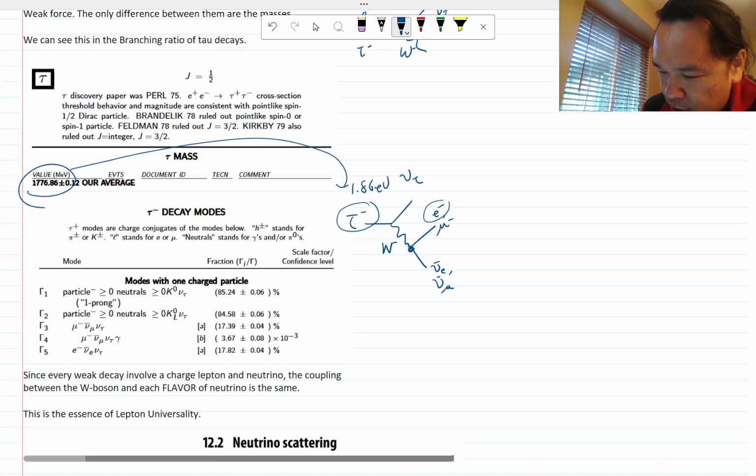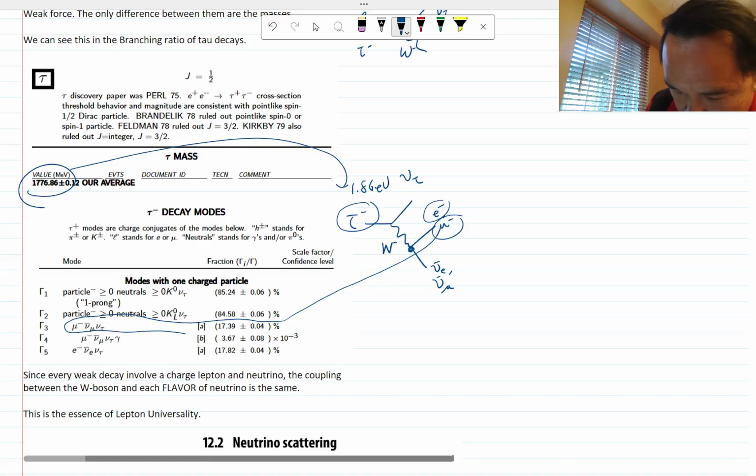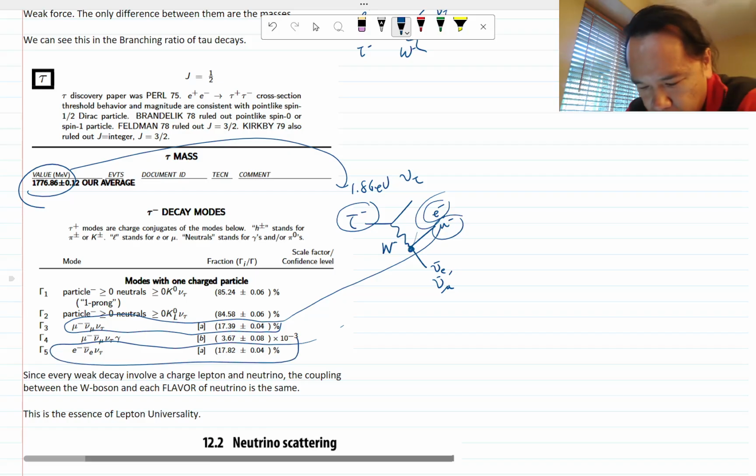So that's much bigger than the electron or the muon mass. Both the electron and the muon basically come out at the speed of light, or the relativistic limit, so there's very little difference between them. In this case, the muon version is slightly bigger, but actually it's about the same. And for the electron version, you have basically the same number. They're both going to decay about 17.5% of the time.